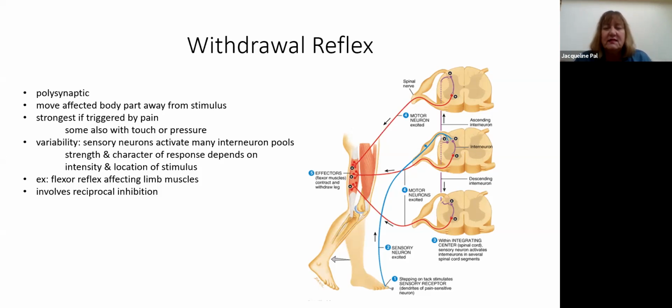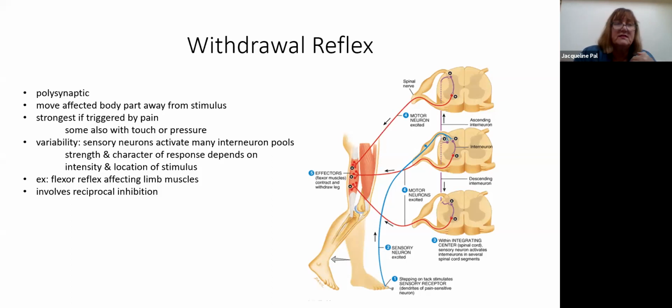So when you are stepping on a tack, what the picture shows is you have activated your sensory neurons, and eventually you're going to excite your motor neurons, and that is going to cause your flexors to contract, which basically will flex the knee, because to step on the tack, you had to extend your knee, right? Because you were stepping on it.